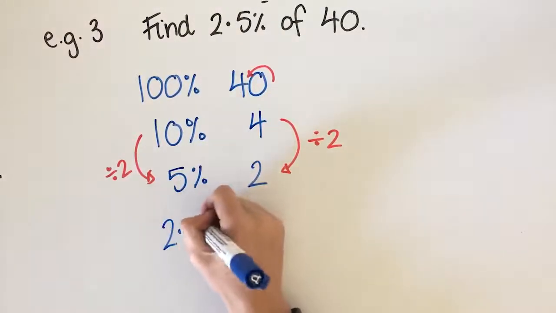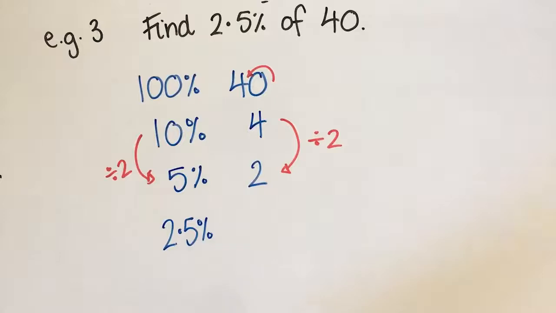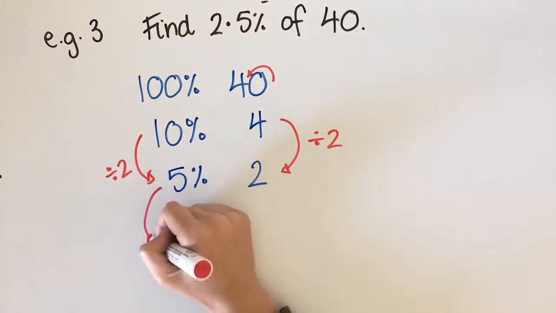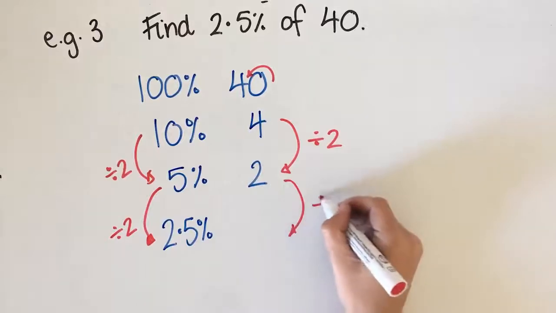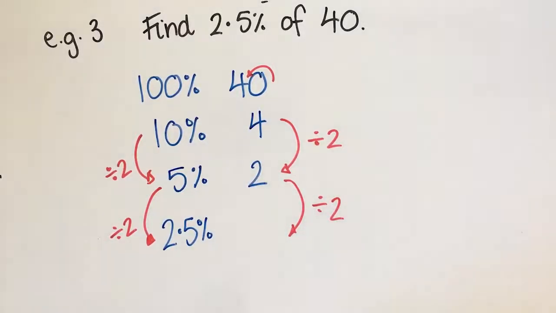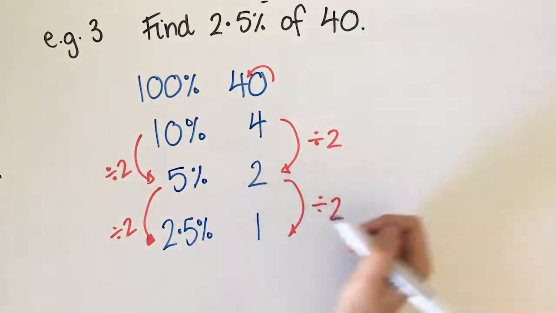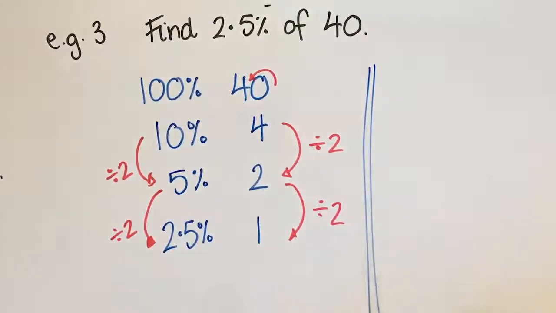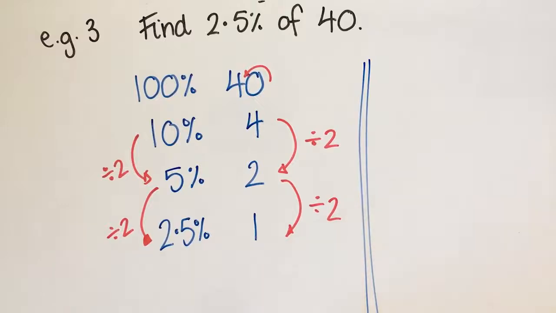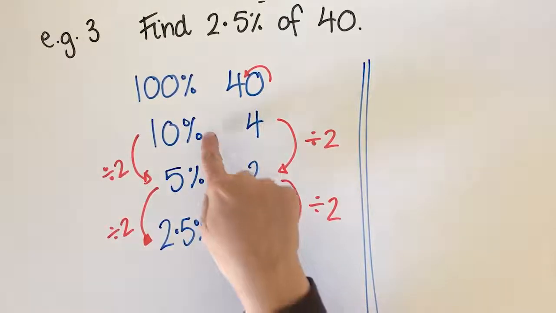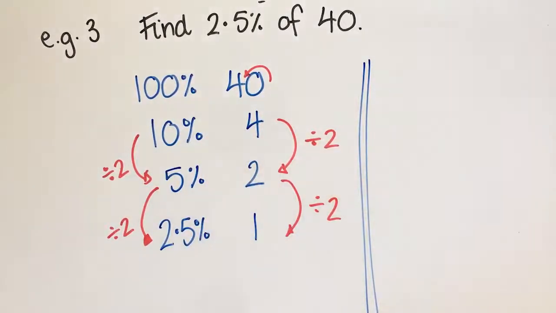So 2.5%, I know that 2.5 is half again of 5. So then I know I need to half what's on this side as well. So 2 divided by 2 is 1. So I know that 2.5% of 40 is 1, using my knowledge of 10% and its factors, or numbers that go into it.